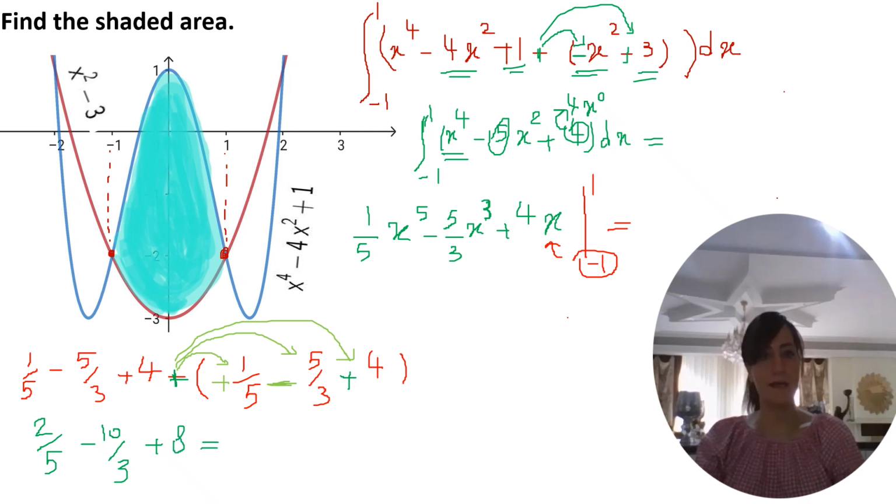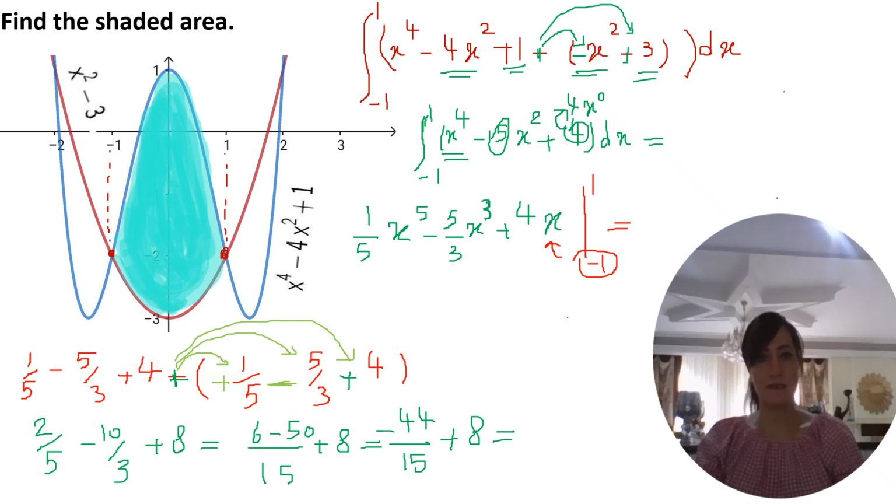If I take the lowest denominator, which would be 15, I get -50 plus 8, and now -15 plus 6 gives me -44 over 15 plus 8.